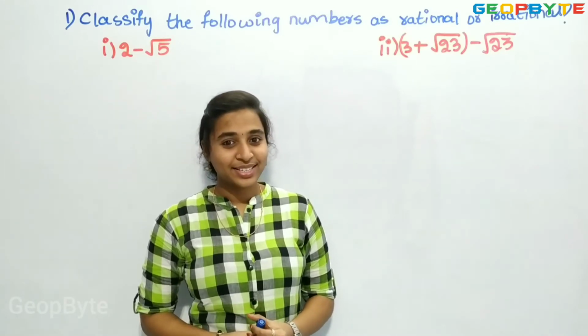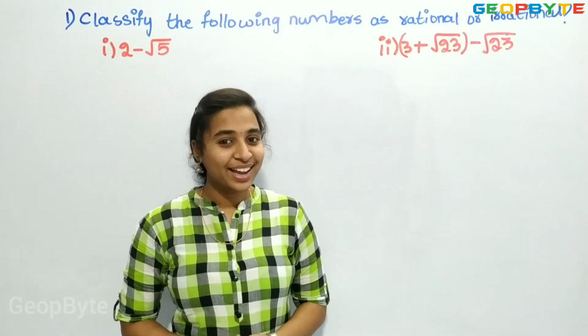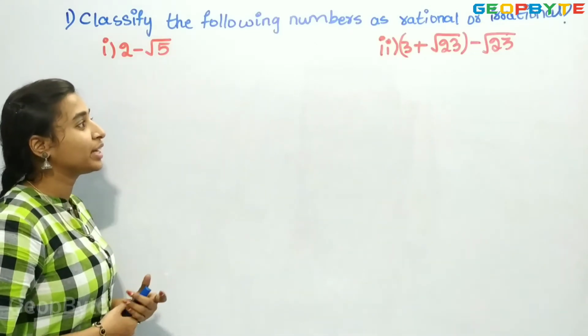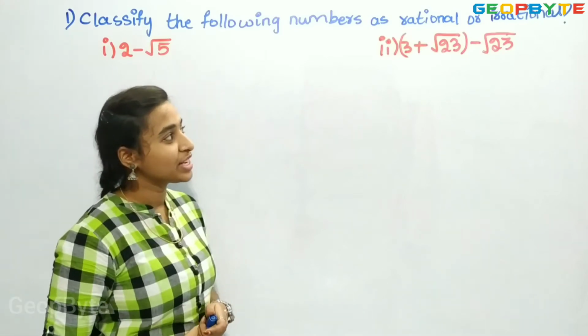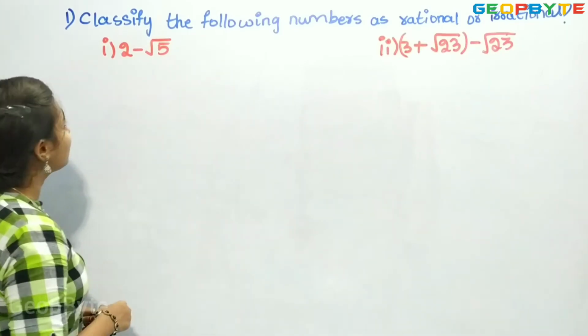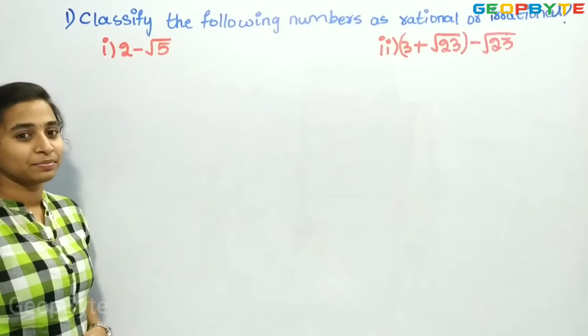Now let us see exercise number 1.5. In that, the first question is classify the following numbers as rational or irrational. We have the first question as 2 minus root 5.